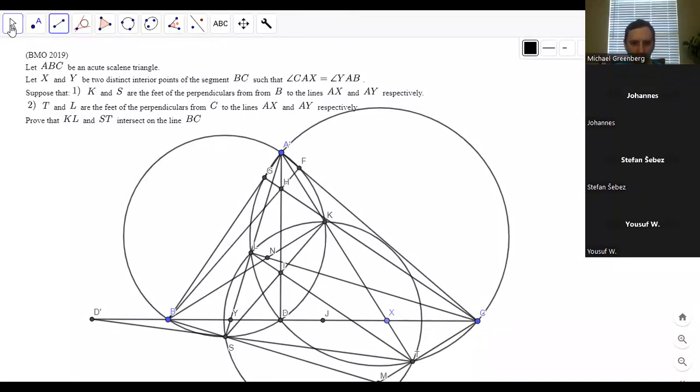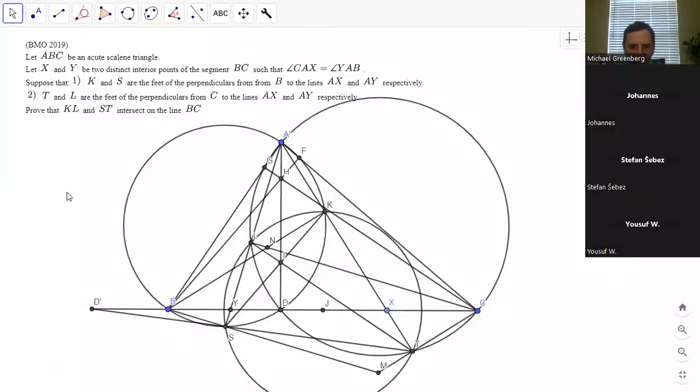BNCM is a parallelogram. Yes. So N and M are the vertices, and J is the midpoint of BC. Do we need I to be on that? Or is it obvious that I lies on that line? And do we even need that? So let's see.